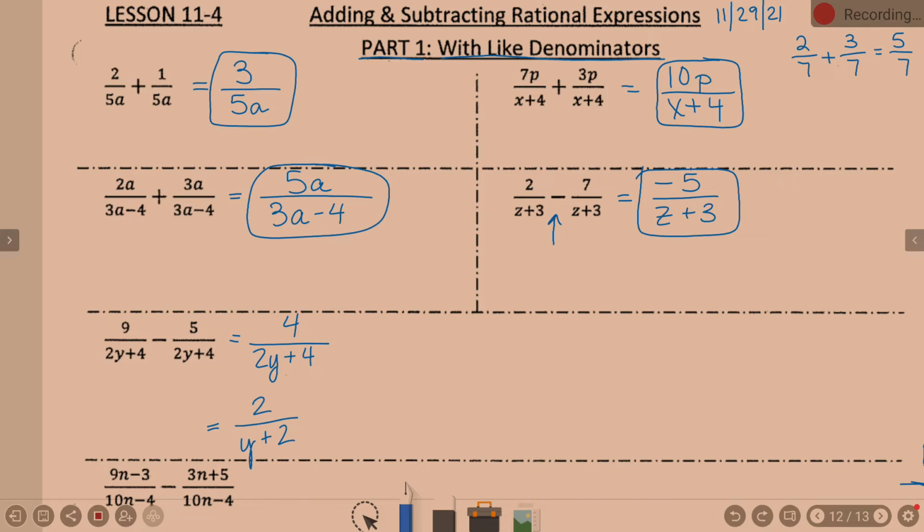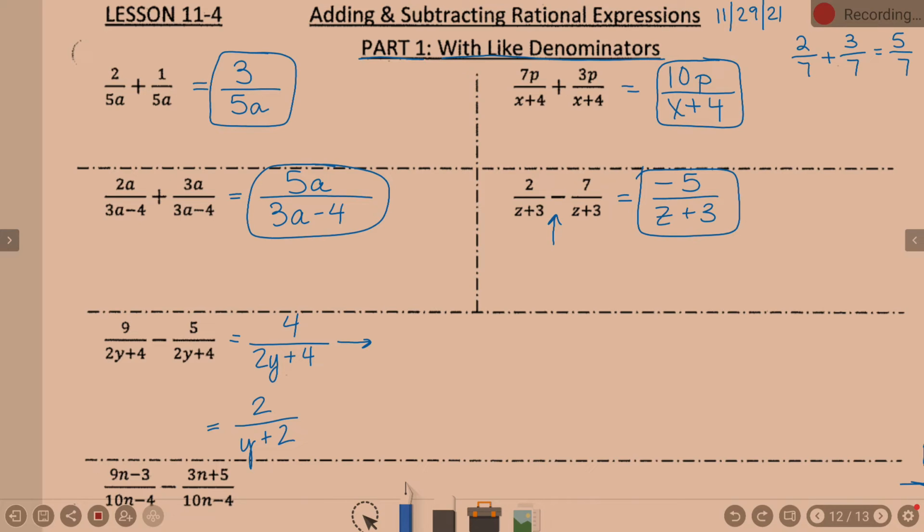I'm going to show it another way, though, because there are reasons you need to be able to think about it the other way. And by the way, I'm not canceling these 2's that are left because there's not a plus 2 on top of the y right there. If we would have continued going across this way, the denominator of 2y plus 4, what do 2y and plus 4 have in common?